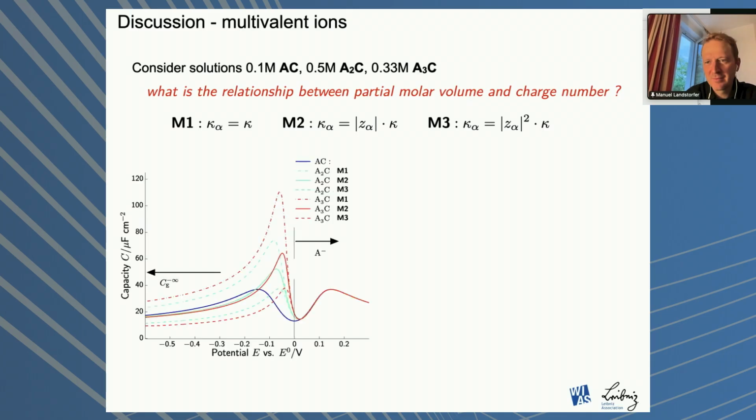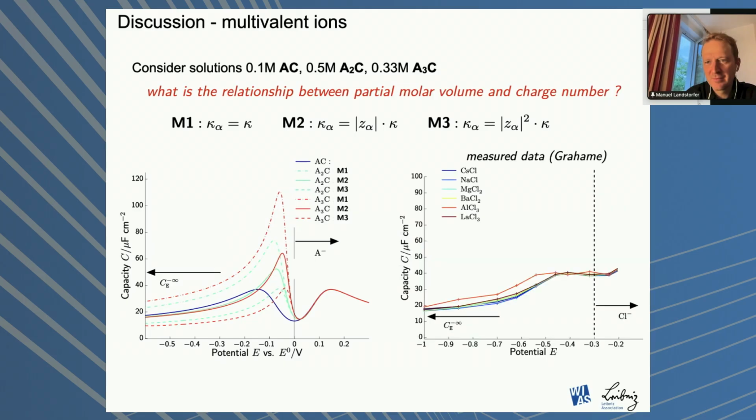And for these 3 models, we can again compute the differential capacity, and you see here the respective curves. So the dashed ones are M1, the filled one is M2, and this dashed dotted one is M3. And there is a series of measured data, rather rough or crude data from Graham.